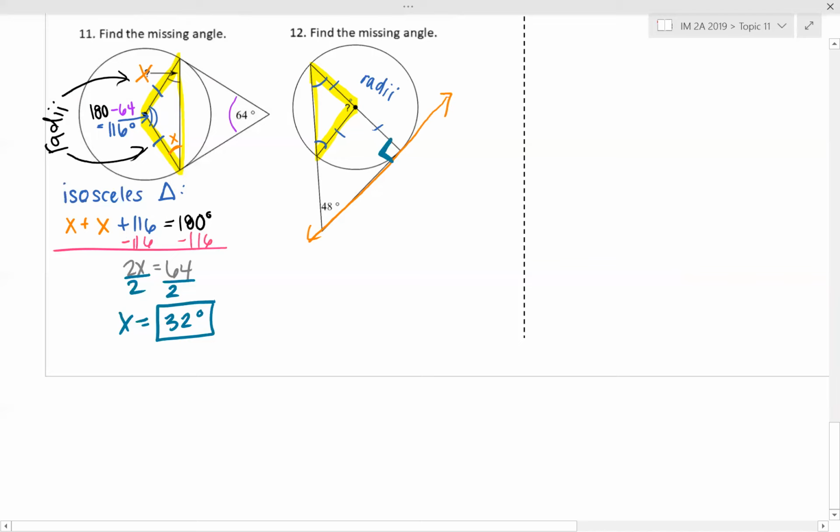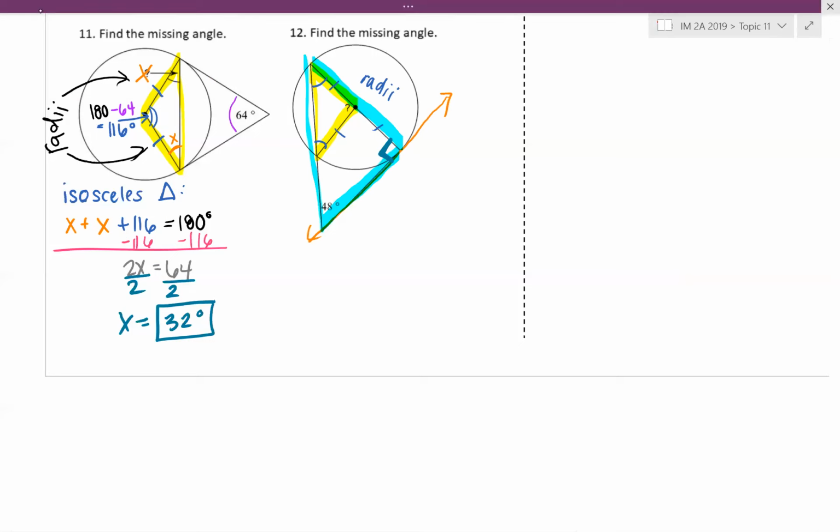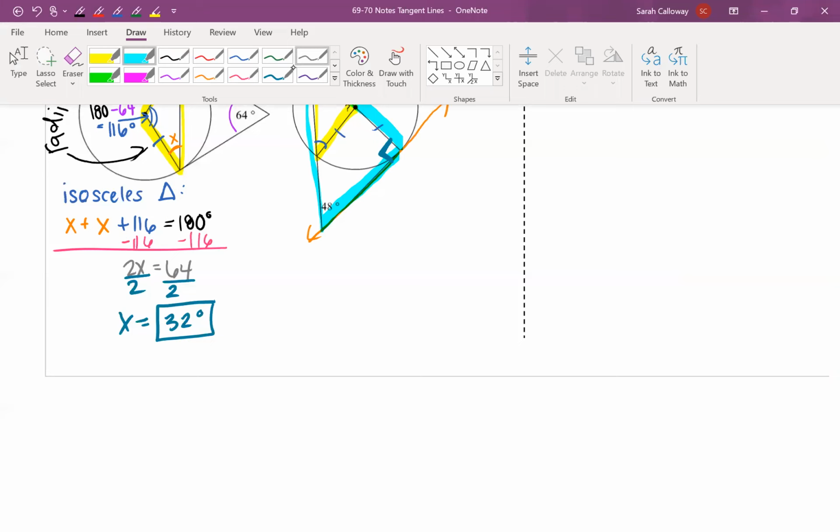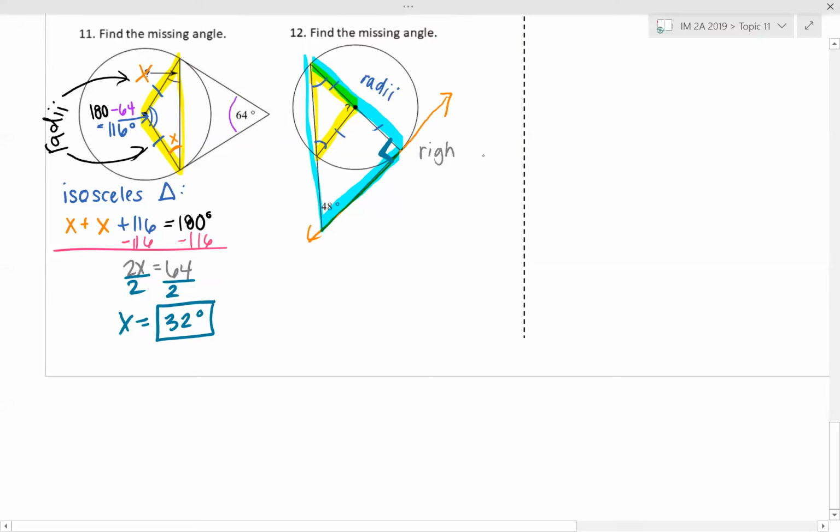So looking at the right angle, I can think about the larger triangle. So now let's think about this right triangle. And so if I think about that whole right triangle, I can find the top angle by doing 90 minus 48.